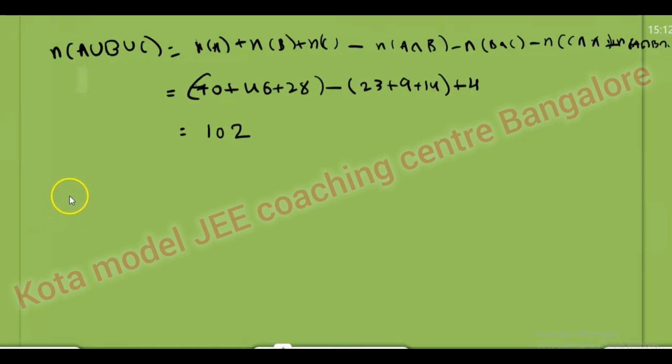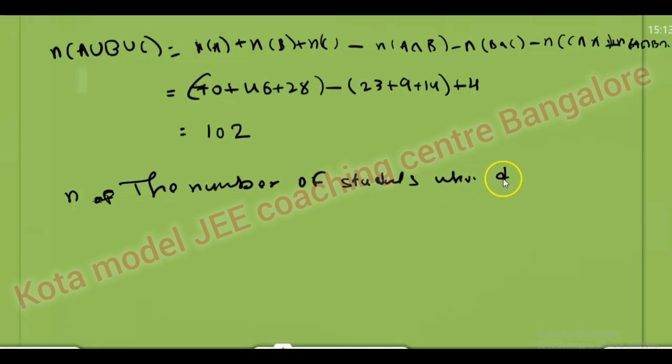Now the total is 140 students. The number of students who did not opt for any subject is equal to 140 minus 102.